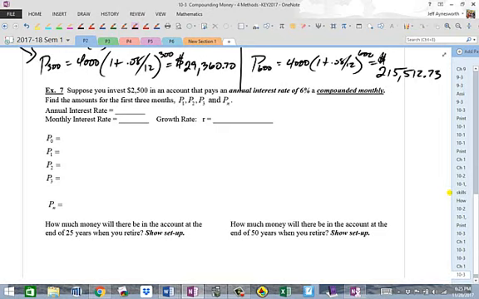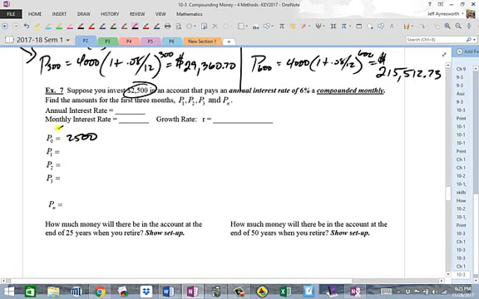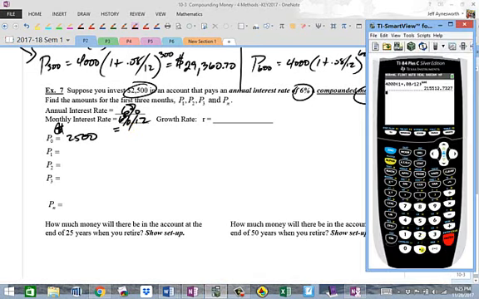Okay, so here we go. We're going to invest $2,500 at 6% annually, but we're going to compound it monthly. So 6% divided by 12, that's, let me see, 6 divided by 12, that's 1/2 or 0.5, right? Oh, my computer's slowing down.